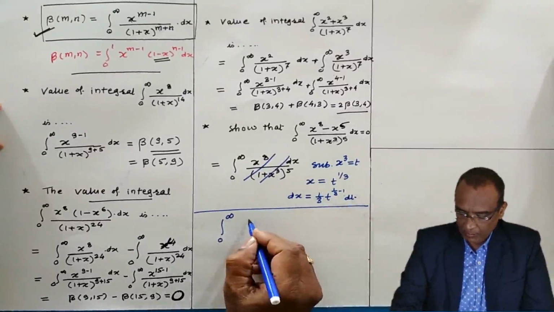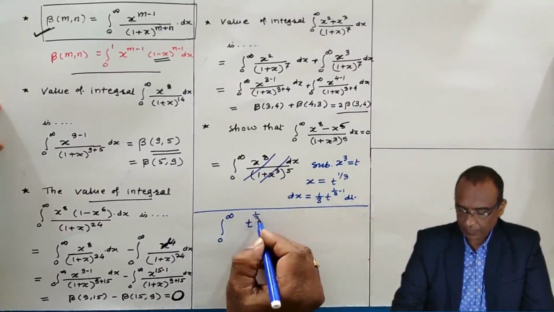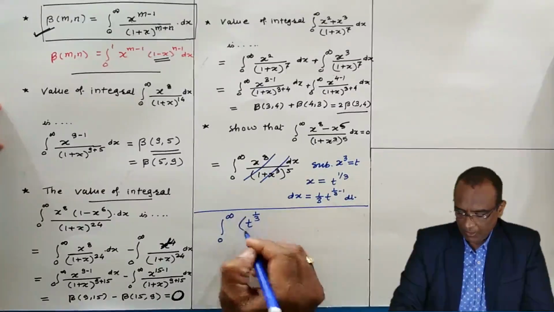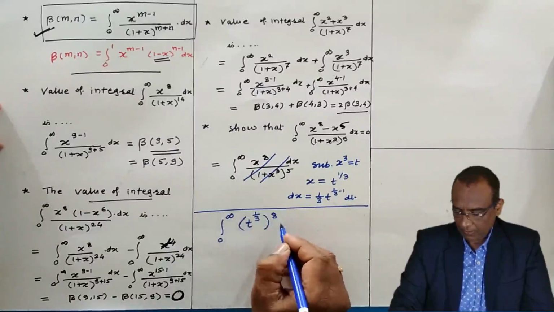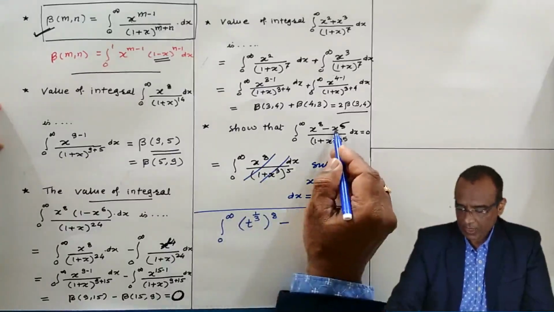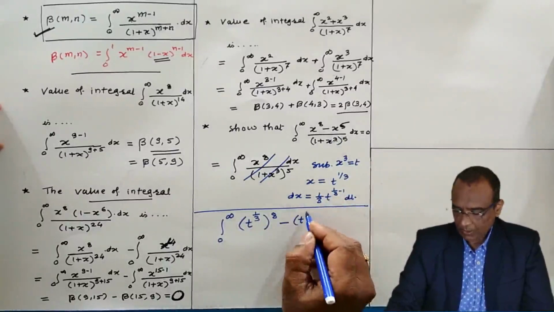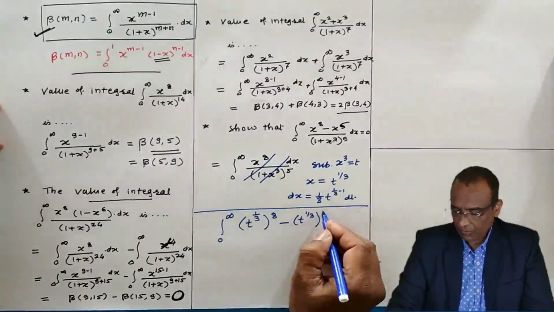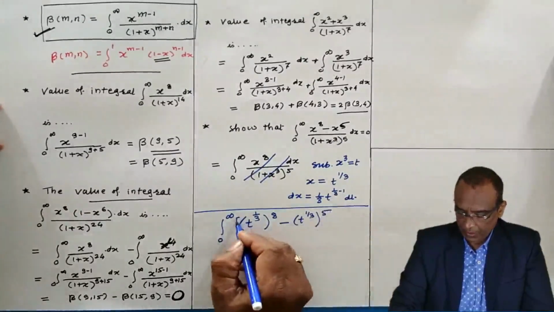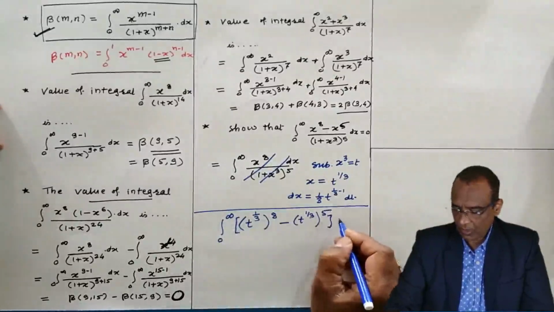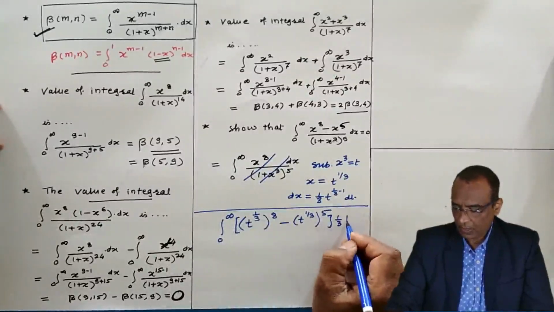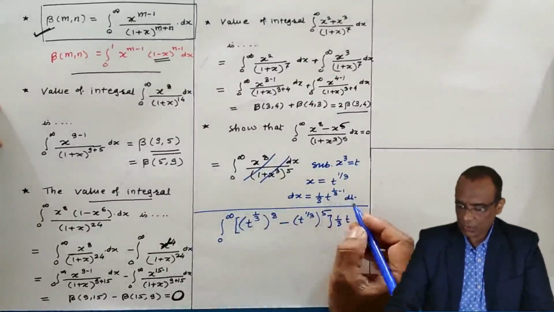The value of x is t power 1 by 3, power 8, minus x, t power 1 by 3, power 5, dx. I am writing 1 by 3 t power 1 by 3 minus 1, that is 2 by 3, with minus, divided by 1 plus t power 5.